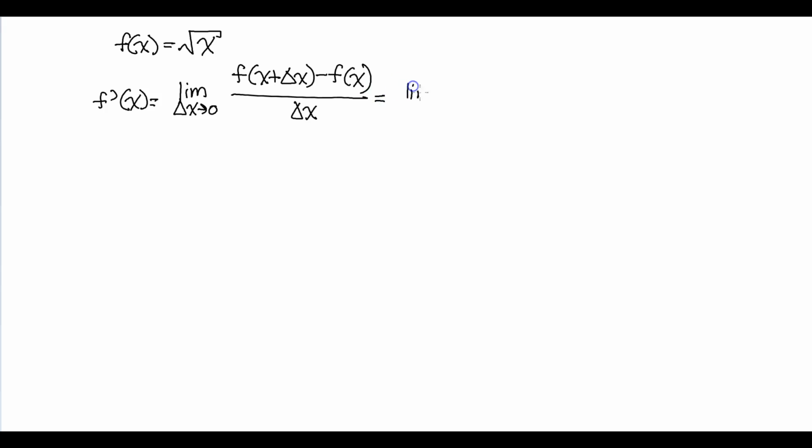It's the same thing as the limit as delta x approaches 0 of the square root of x plus delta x minus the square root of x over delta x.